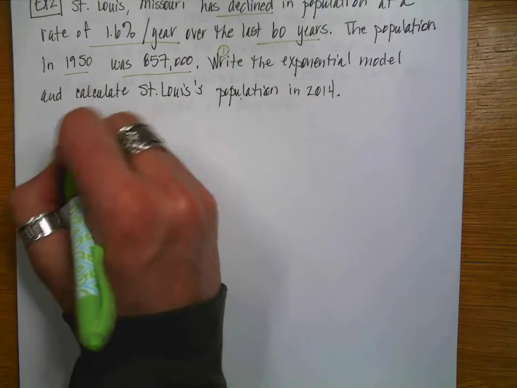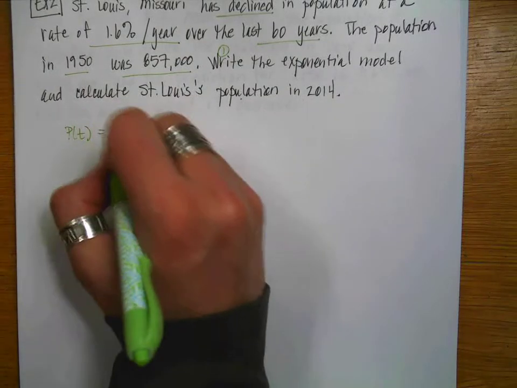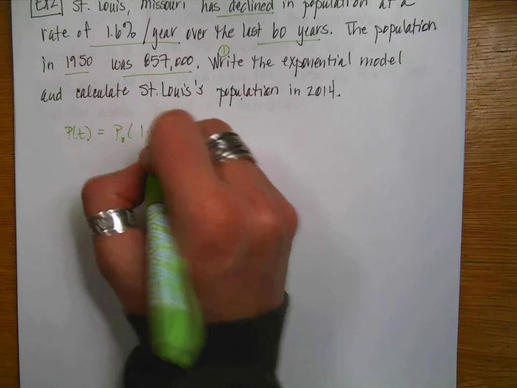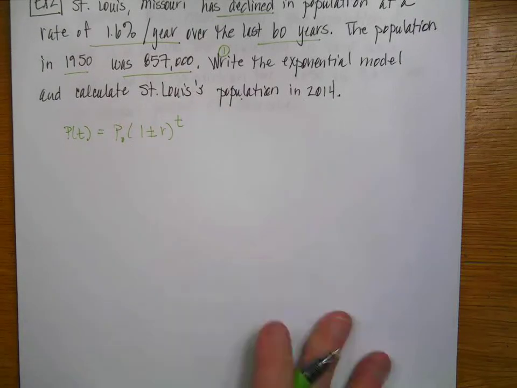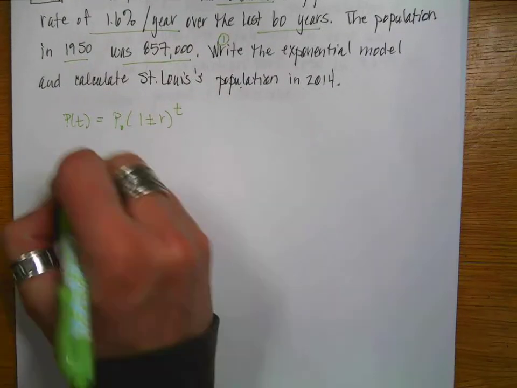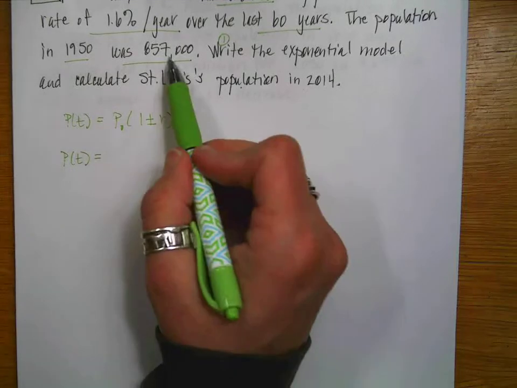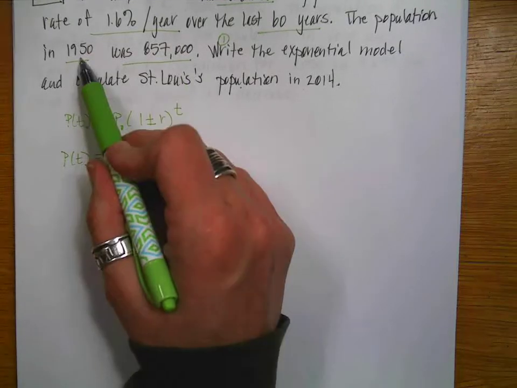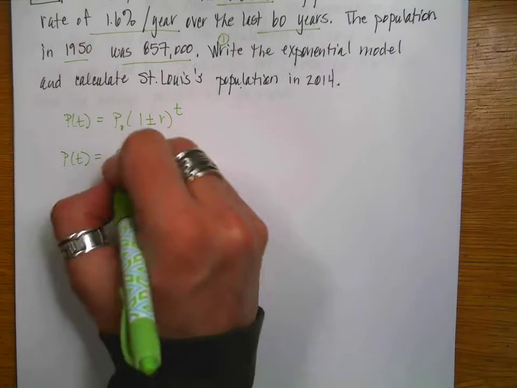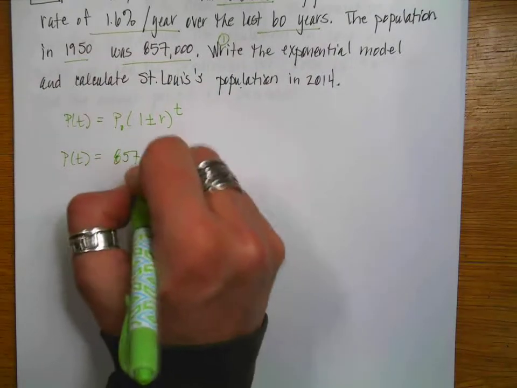So the first thing that I'm going to do is write down the generic equation, because it helps to substitute in numbers when I know what I'm substituting in. So here is my P of t. My initial population in 1950, which is the year that they gave us, is 857,000.